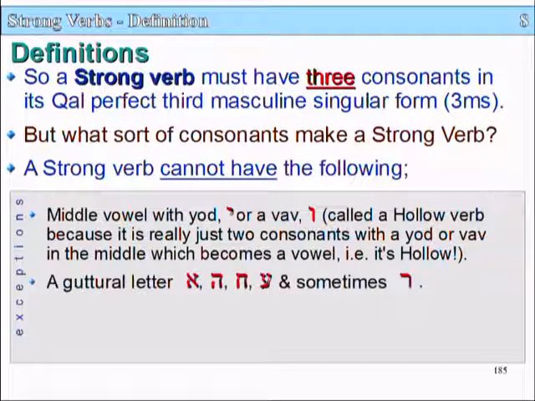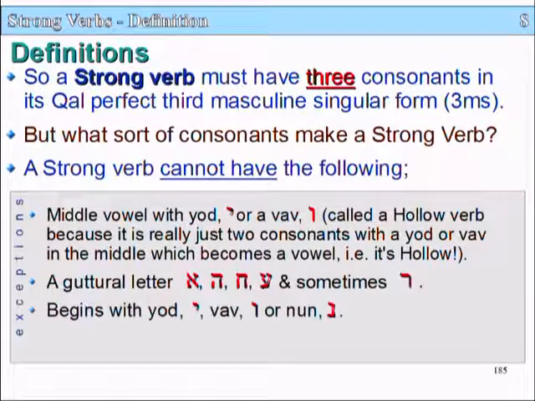And a strong verb cannot have a guttural letter, and that's an aleph or a hey or a chet or an ayin, and sometimes a resh. So it can't have any of these, and sometimes this. And a strong verb cannot begin with a yod or a vav or a nun. So if it has a yod, a vav, or a nun at the beginning of the verb, then it's not a strong verb.